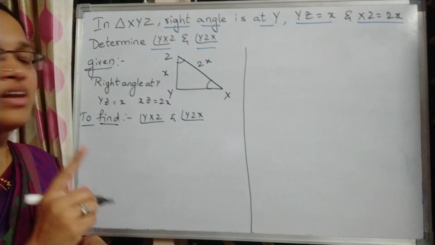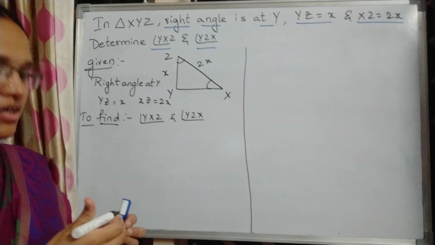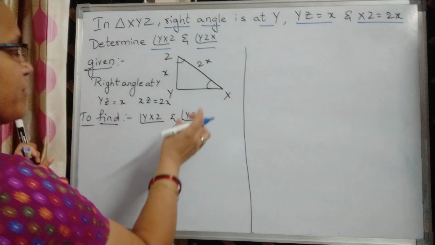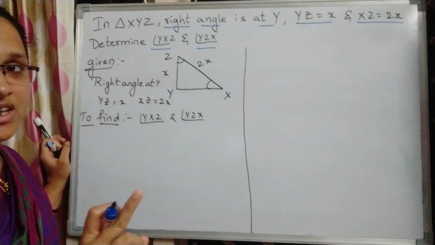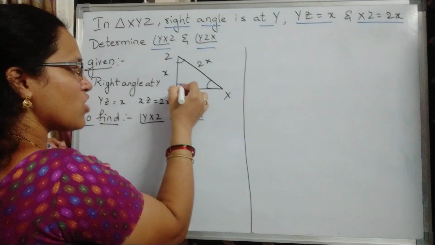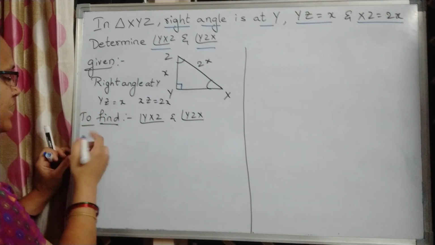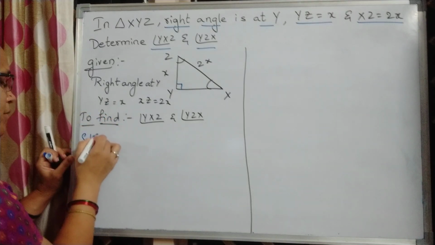Please remember that. Now we will go into the sum. There is only the possibility of one angle to be found, since this angle is already 90 degrees. You know that. So let us see how to solve the problem.